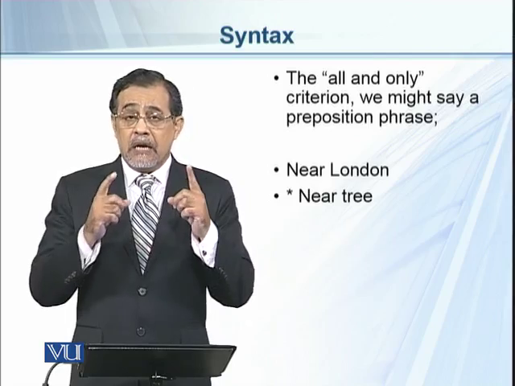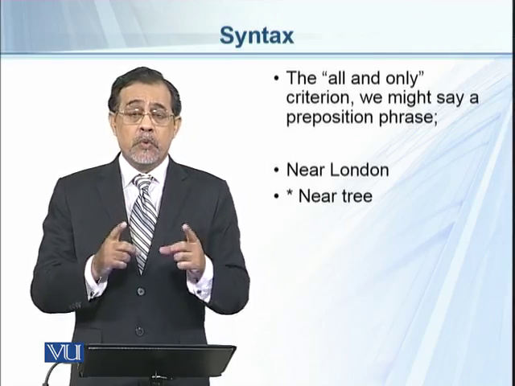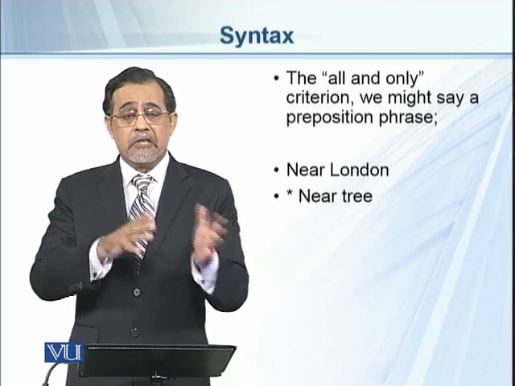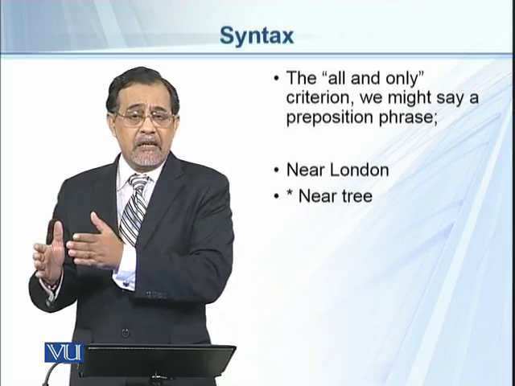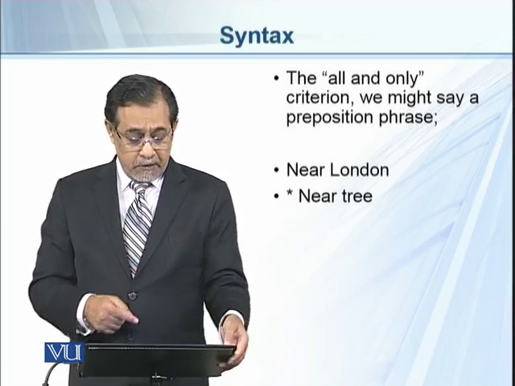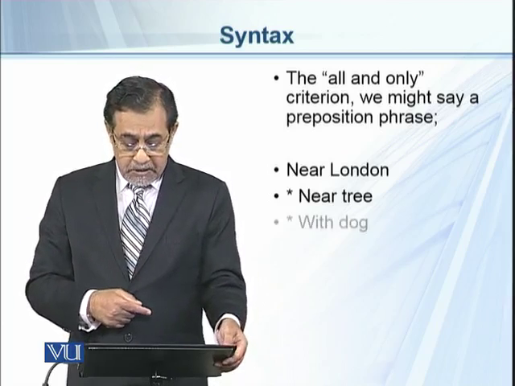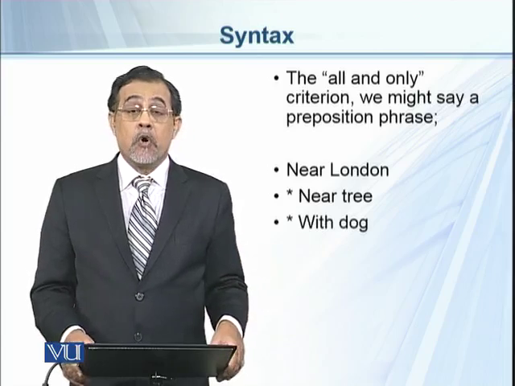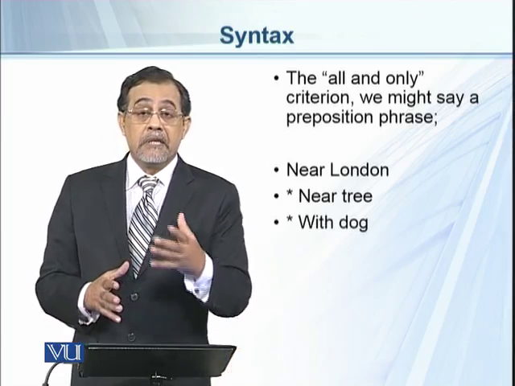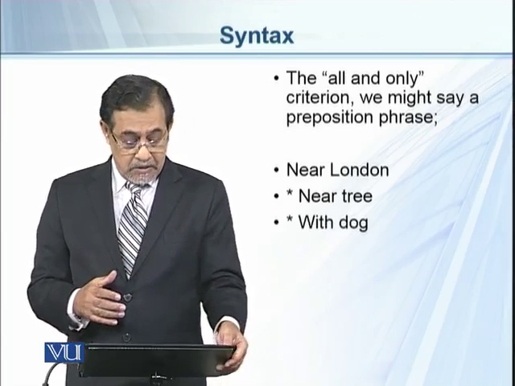So our rule that a prepositional phrase consists of a preposition and a noun phrase does not conform to this prepositional phrase. Similarly, with dog is not a correct prepositional phrase in the English language.